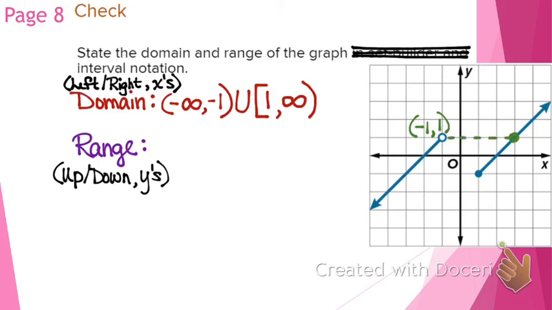What's this ordered pair? 3, 1. Is it on my graph? So there is somewhere else on this weird looking graph where there's a y value of 1, right? And it continues going up after that.